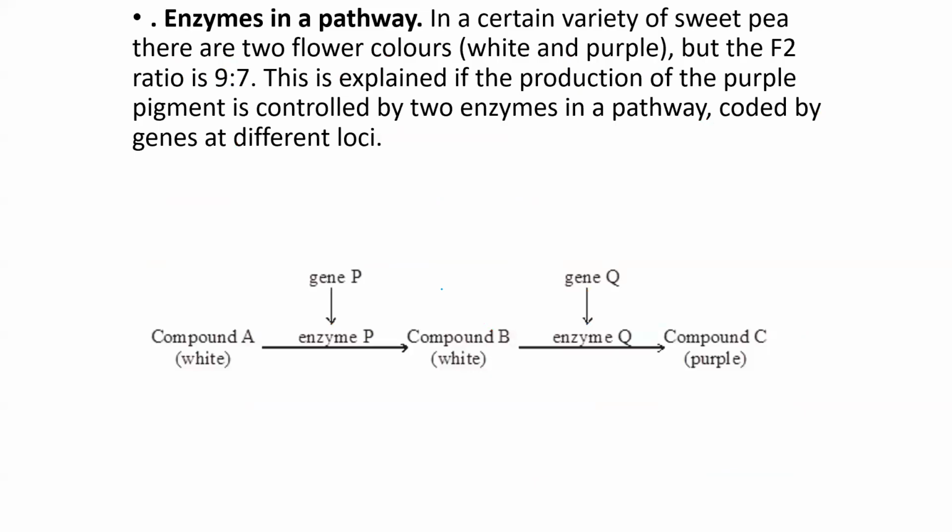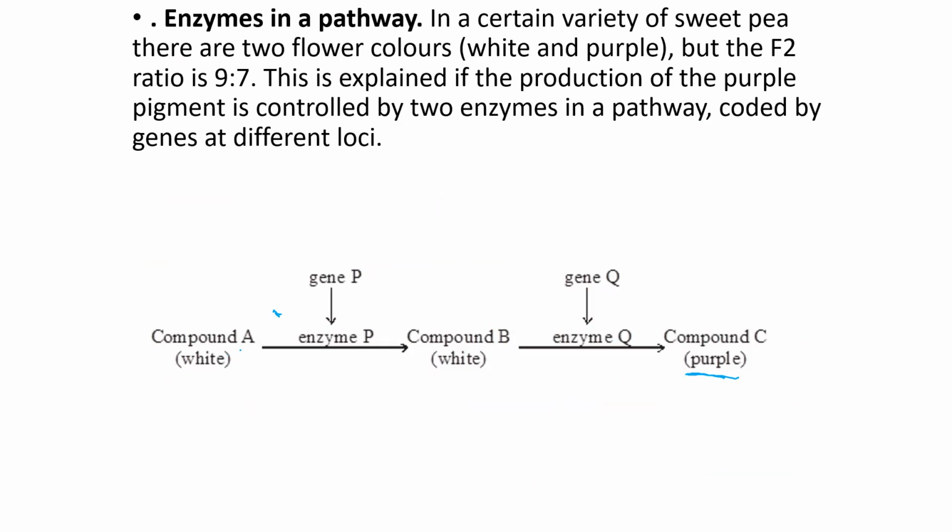All right, then we have something called enzyme pathway. In enzyme pathway here, what we have happening is this. We have multiple enzymes required for the production of a final product. This here, for example, is the color of a flower. To make the color purple, you want the flower to be purple.